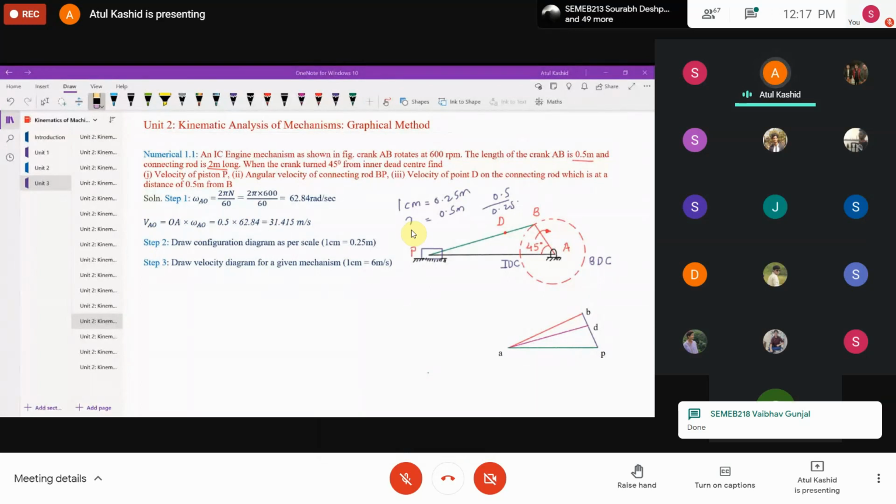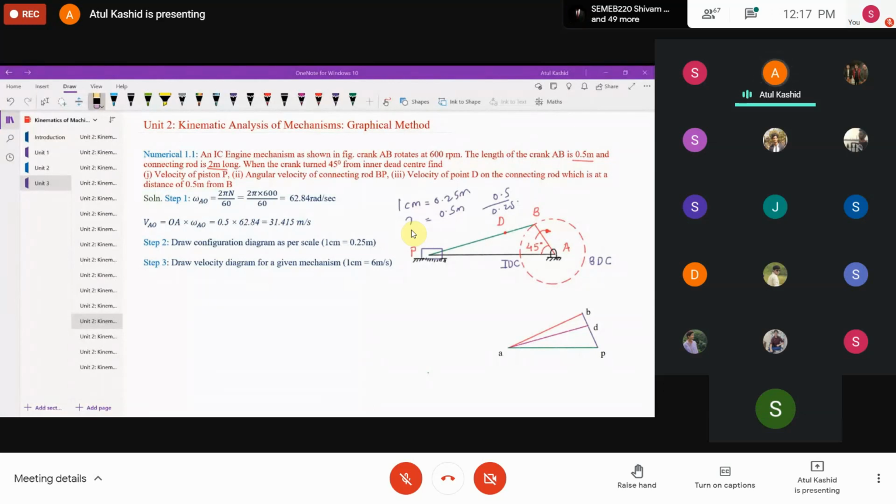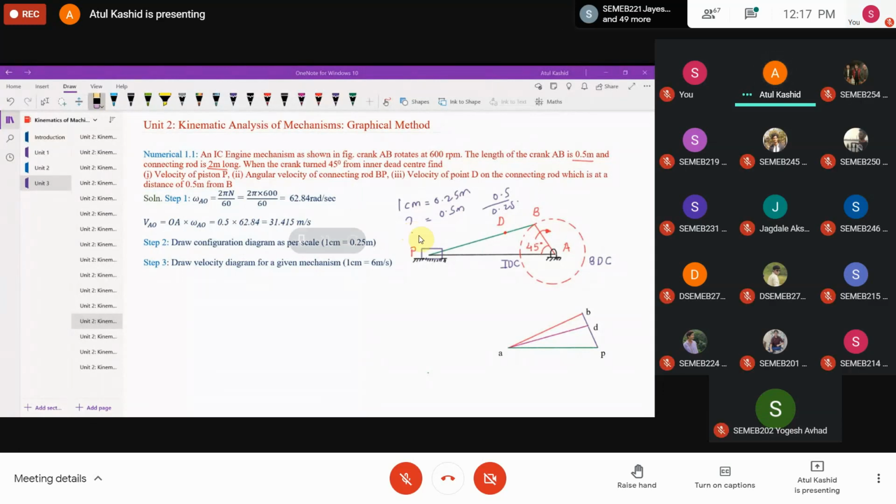Okay, so 2 students are finished. We'll wait for 1 or 2 more minutes so others can finish with the configuration diagram.